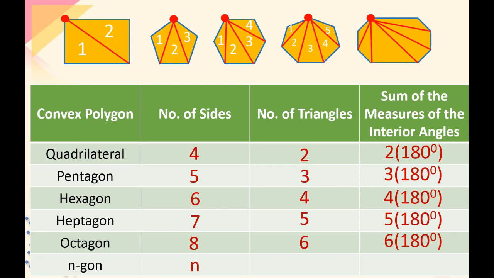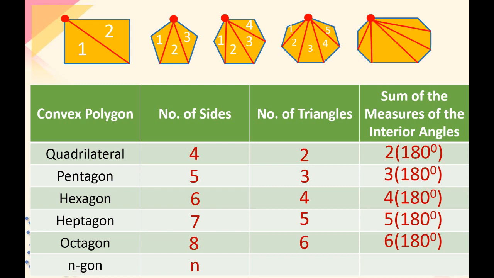What do you think is the pattern that we can have so that we will be able to identify the number of triangles? 4 became 2, 5 became 3, 6 became 4, 7 became 5, 8 became 6.